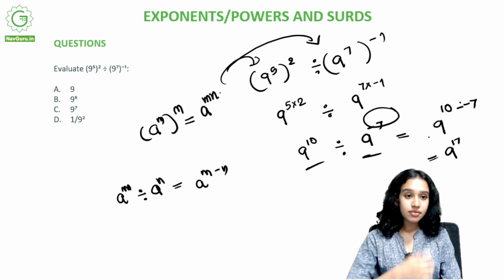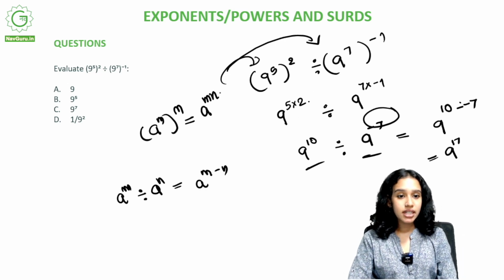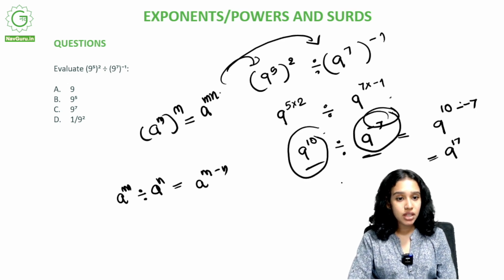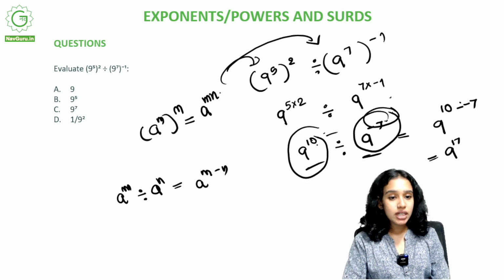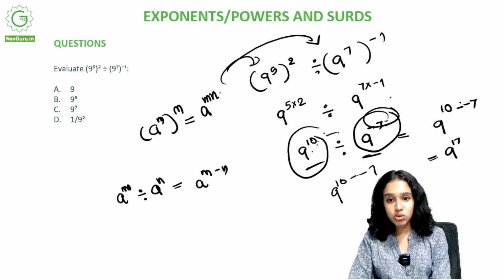Got it? Let's check the answer once again. So we have 9 raised to 10 and here we have 9 raised to minus 7. We subtract the exponents. So 9 raised to 10 minus minus 7 is 9 raised to 17. So the answer is 9 raised to 17.